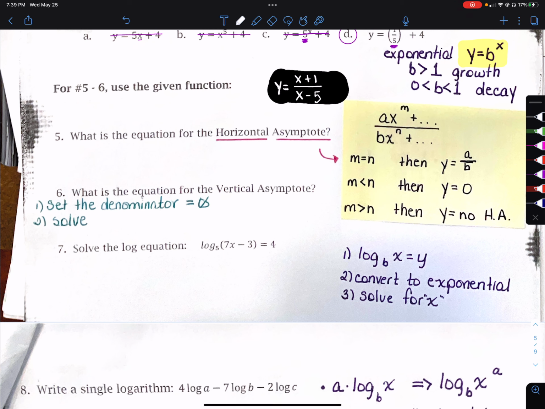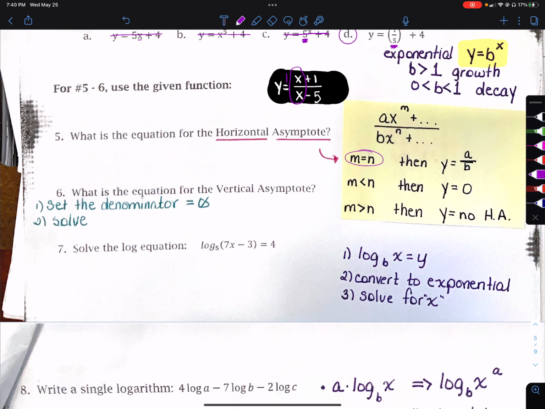Okay, so on this one here, for our horizontal asymptote, the two pieces that we are going to be using are these two terms right here. Okay. Now, since they both have an exponent of 1, the exponents are equal. So we're going to use the values of the coefficient. Well, what number is in front of x in the numerator?